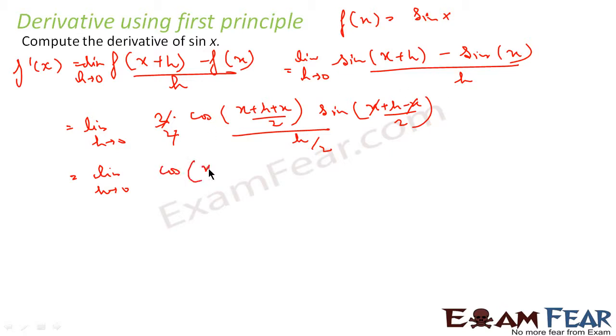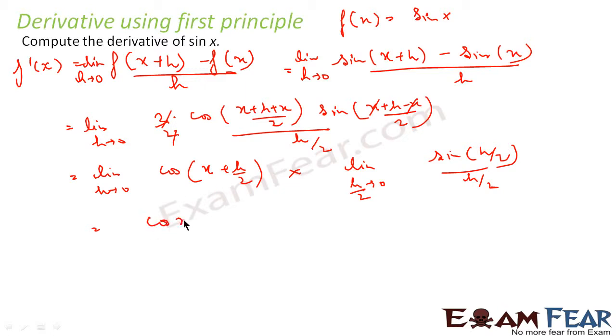So we write this as cos(x plus h by 2) into the limit as h tends to 0 of sin(h by 2) by (h by 2). Now since h tends to 0, h by 2 also tends to 0, so this whole thing is 1. We put h equal to 0 here, so this becomes cos x into 1, and that is cos x. And that is our answer.